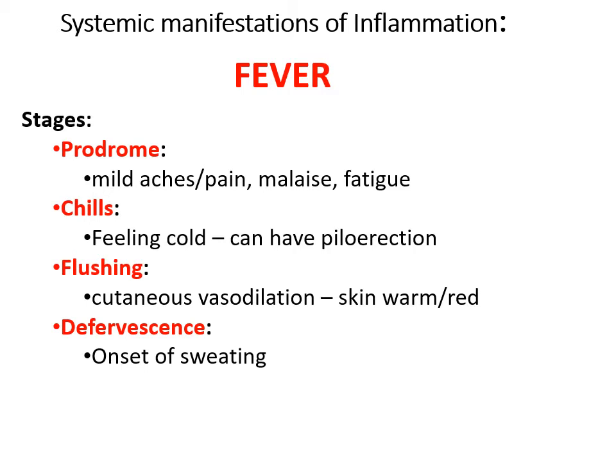And sweating is another way for the body to release heat. Okay, so prodrome: something's happening in my body, got a low-grade fever, I feel generally unwell. Chills, that's generating the heat, the fever, and the shakes that can occur with fevers, followed by flushing and defervescence to try to reduce the fever.